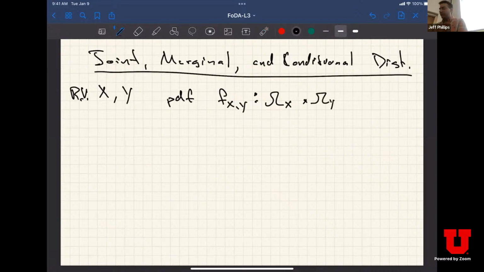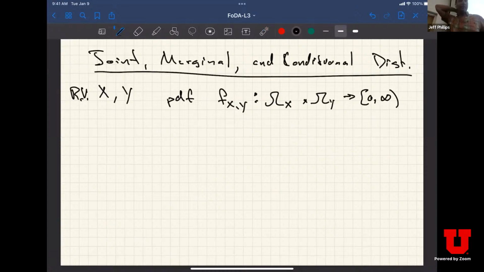It's going to take in two sample outcomes of x and of y, and it's going to output a real value, technically between 0 and infinity, not including infinity. There are some mechanisms you can use to make that work, but they are beyond this course.